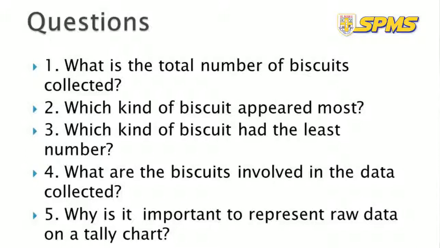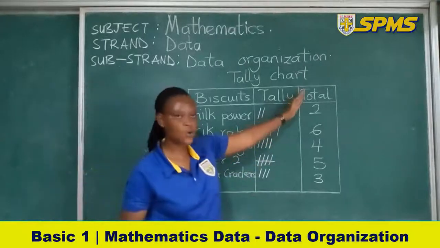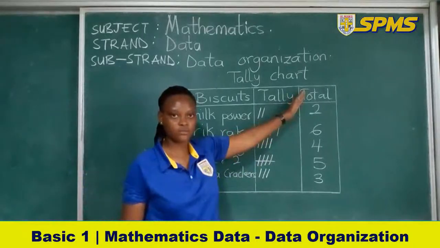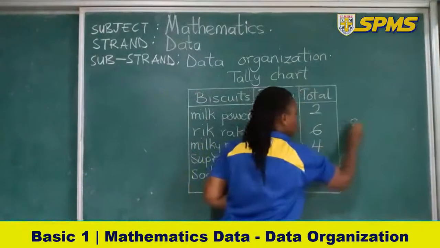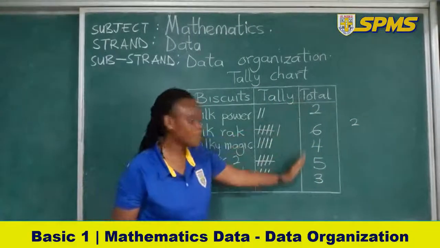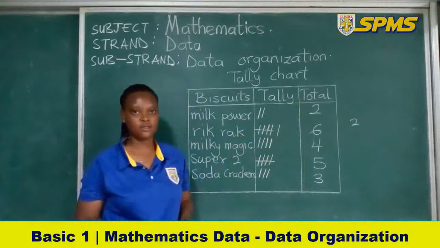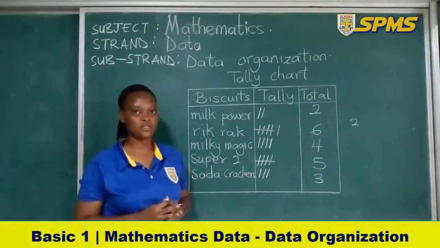Okay, so what is the total number of biscuits collected? Now let us move to our total column. Our first number we have there is 2. We will add all these numbers to give us the total number of biscuits.